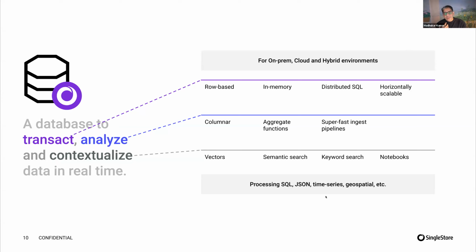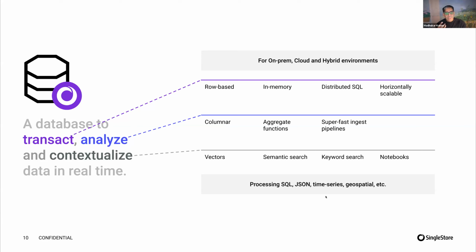We also have customers in the credit card industry who use us for fraud detection and fraud prevention. And we have a bunch of marketing analytics companies that have taken 22 hours of batch work and converted it into 18 seconds. A good example is LiveRamp, the largest identity graph database, which they've built on top of SingleStore with petabytes of data.